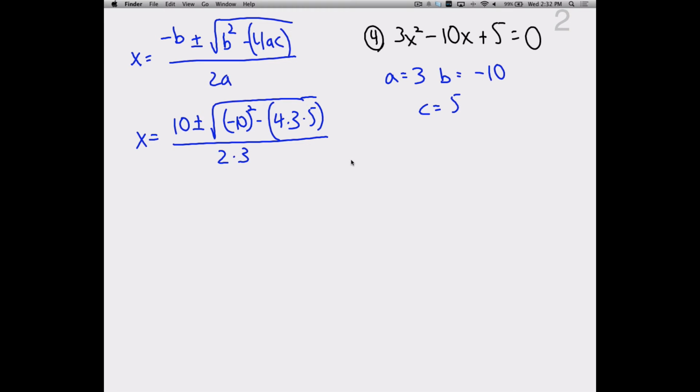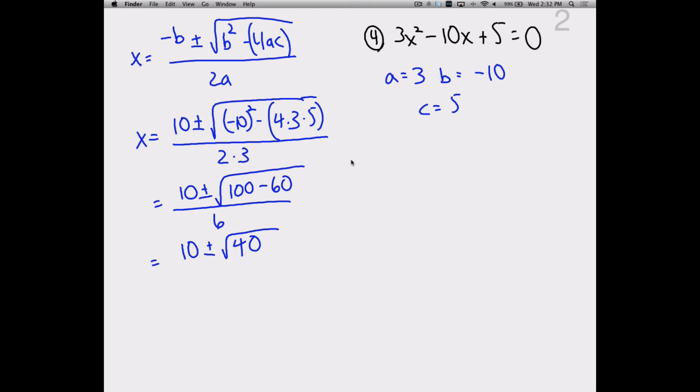You might be able to do it in your head: negative 10 squared is 100, and 4 times 3 times 5 is, okay, maybe not, 60. 10 plus or minus the square root of 100 minus 60 over 6, which is equal to 10 plus or minus the square root of 40 all over 6.